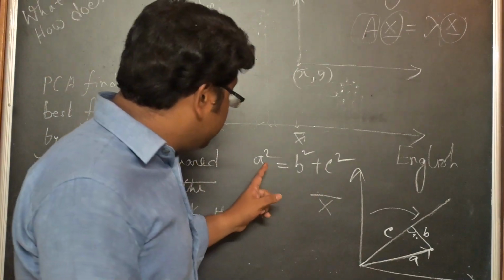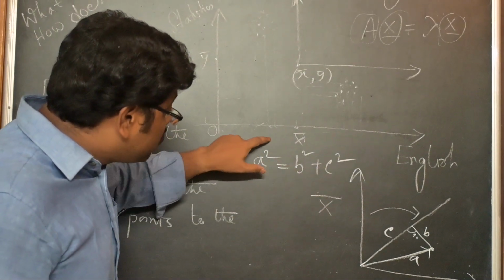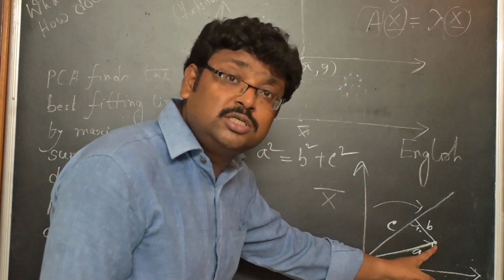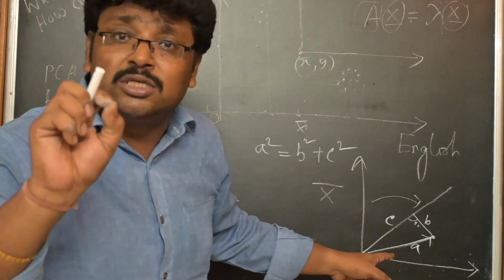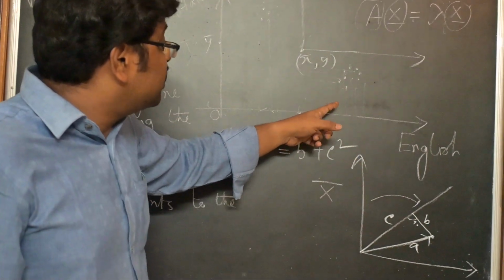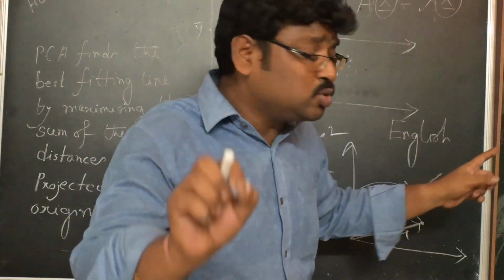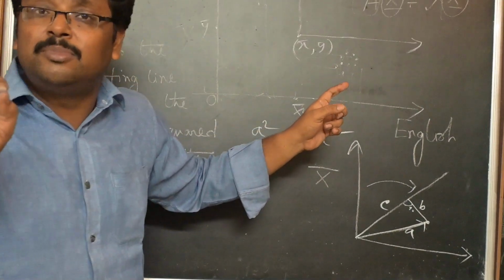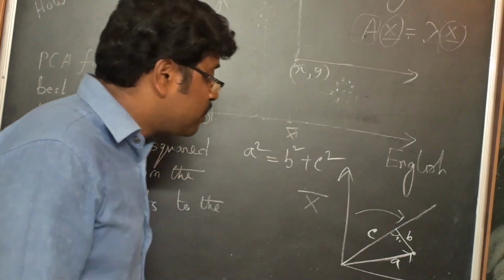A square is constant, as it is given. It is the particular point of an individual student who got numbers in two subjects, that is two variables. One is English and another is statistics. This point represents the numbers obtained by a particular student.